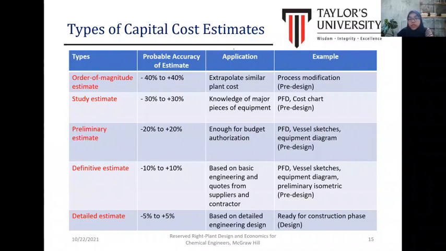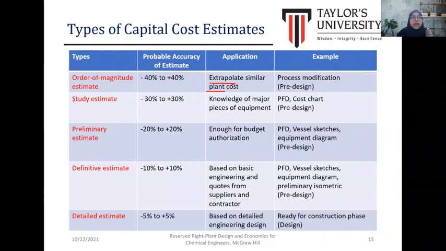Example, we are assigned to estimate the cost to build an ethanol process plant. So using an existing ethanol plant, we may extrapolate with the similar plant cost. This type can be used for process modification.